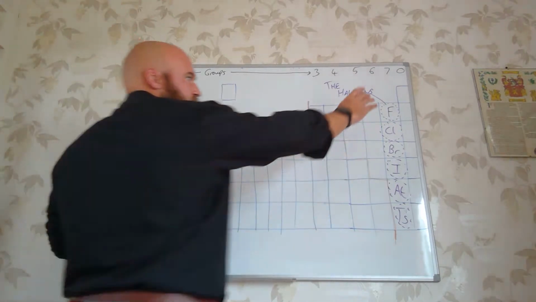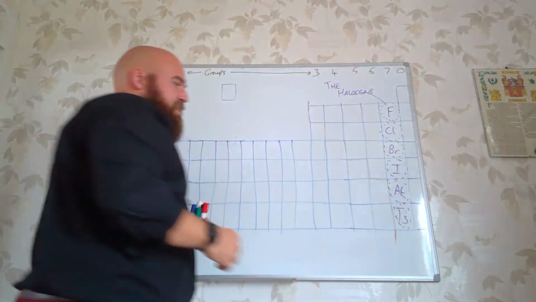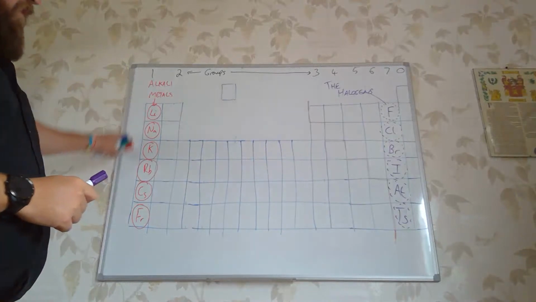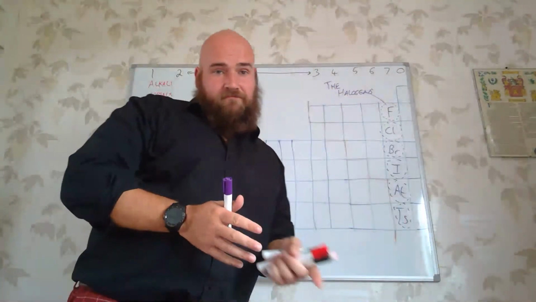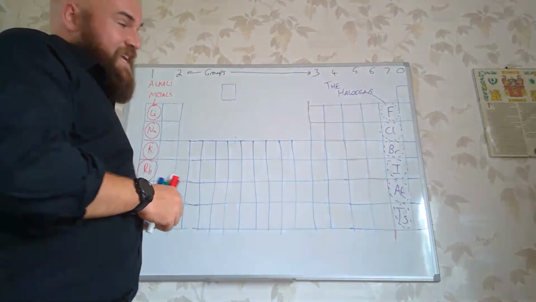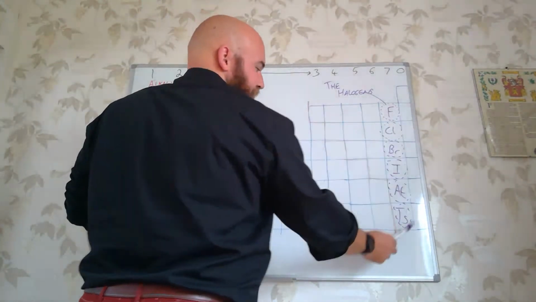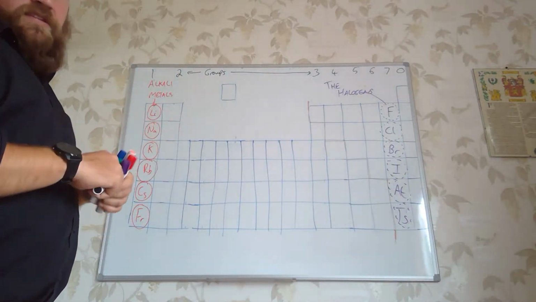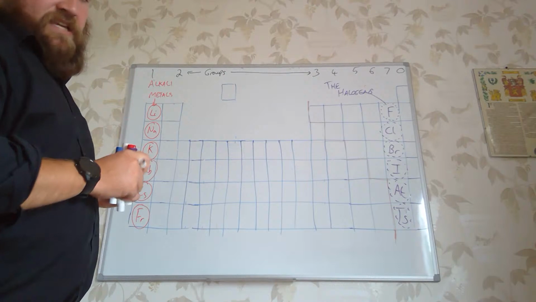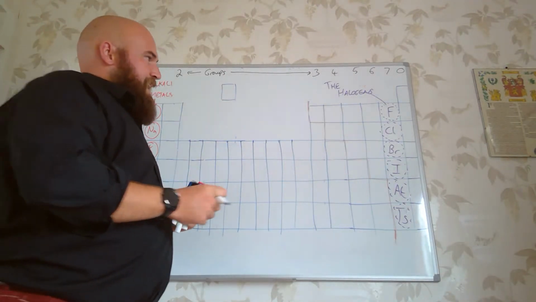The reason why I've put a bit of space there is because I'm going to look at group 0 as well. So we're going to look at group 1 in a bit of detail, which is the alkali metals. We're going to look at group 7 in a bit of detail, which is the halogens, so fluorine down to tennessine. And the other ones we'll look at, I'll do these in black, we're going to look at the noble gases.